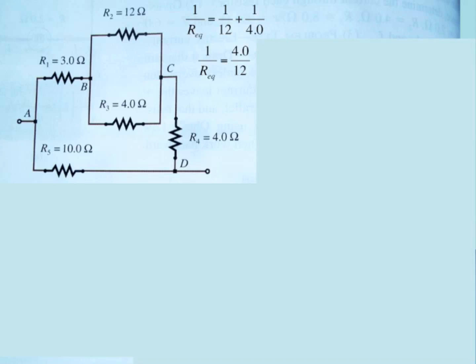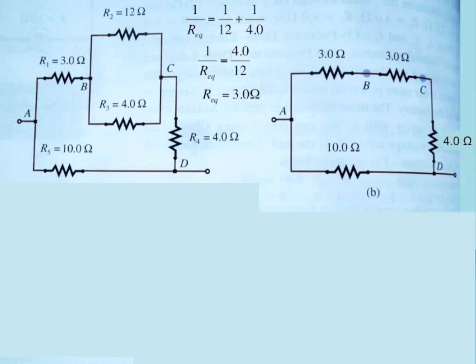And then we find the common denominator, and that turns out to be 12. And so 1/12 plus 1/4 is 4/12. And that makes sense because 1/4 is just 3/12. So 1/12 plus 3/12 is 4/12. And finally, Req equals 3.0 ohms. All right, and that'll bring us to this simplified drawing. Notice that the parallel loop up there disappeared, and we just replaced it with 3.0 ohms.